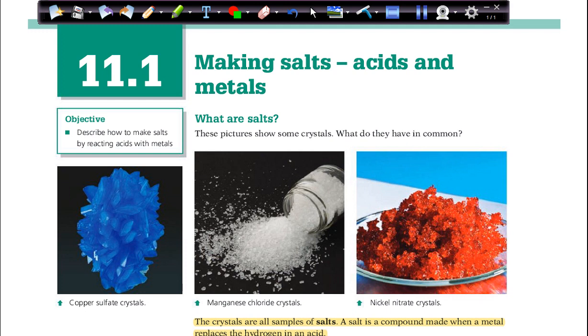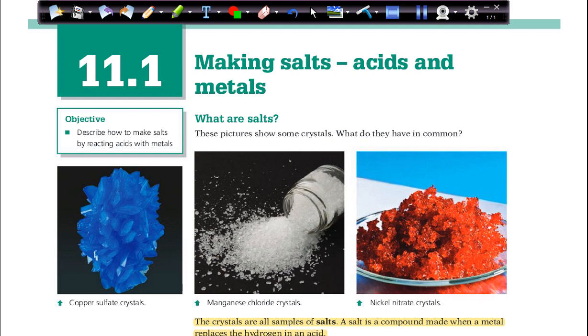So look at these pictures in front of you. You have three kinds of salts, but what is the difference between them, and what are the similarities, or what's the thing that they have in common? These pictures show some salts. What do they have in common? If you take a look, you will find them made of crystals.